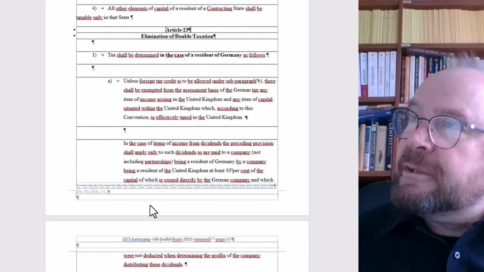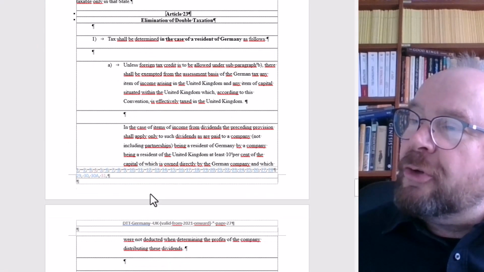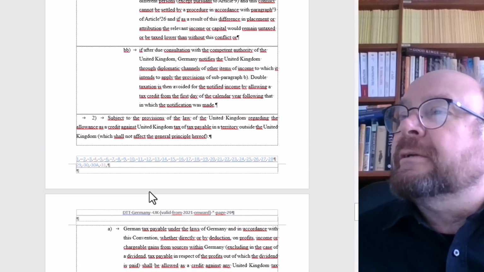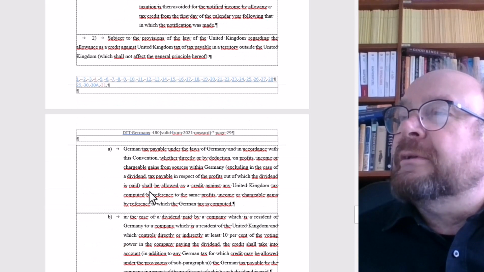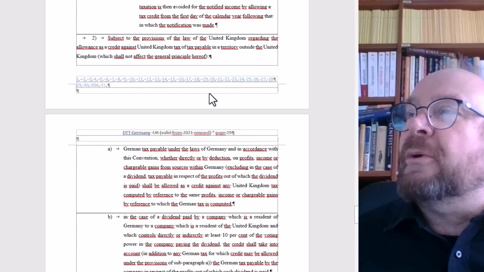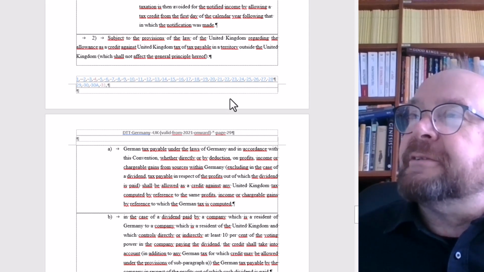Yeah, indeed, Article 23, first paragraph is Germans, and we need the second paragraph dealing with UK residents, subject to the provisions, here we have it, of the law of the UK regarding the allowance of a tax credit.